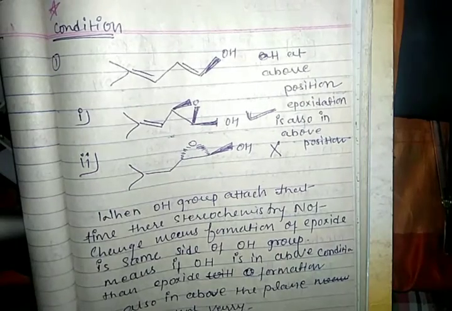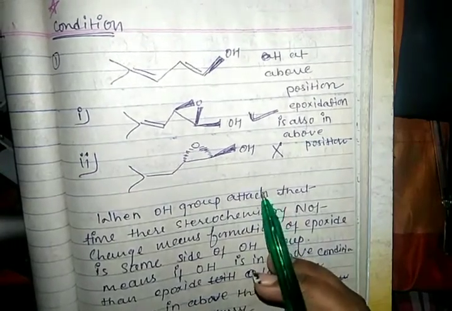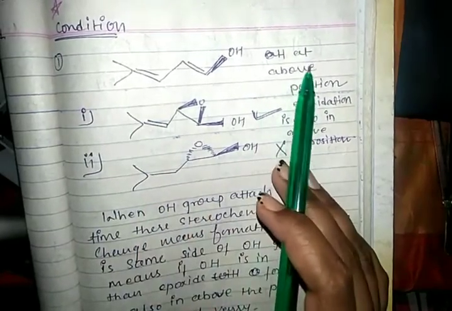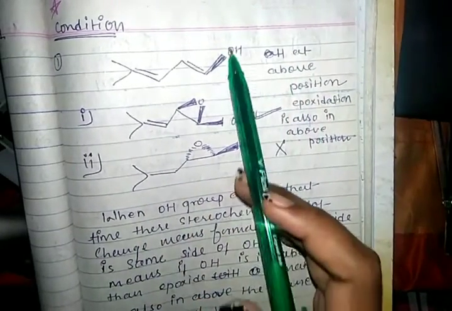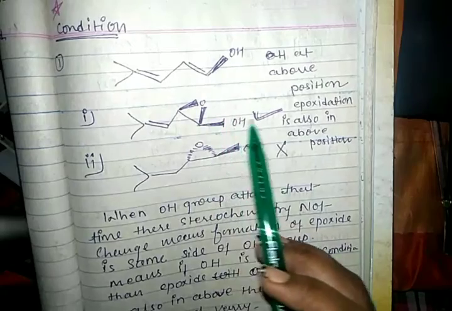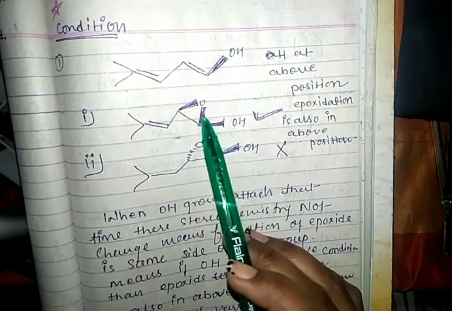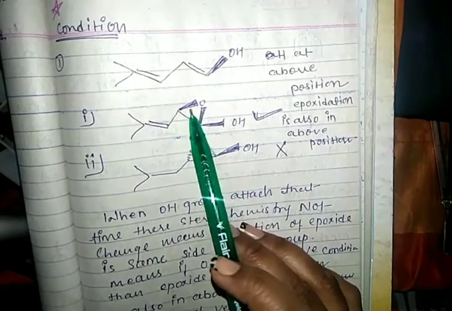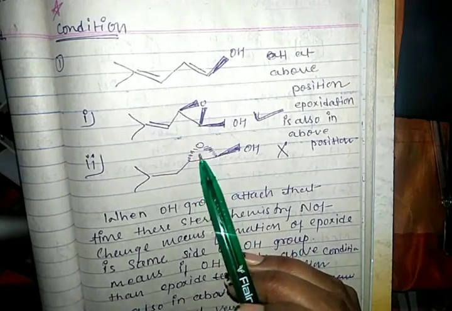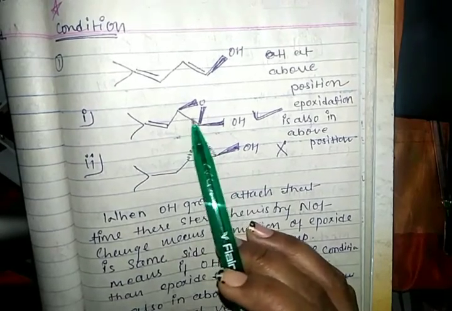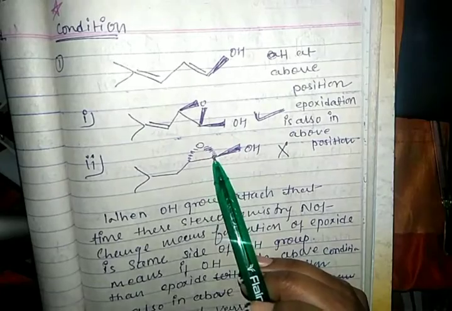There are some conditions given for the formation of epoxide. So when OH is at the above position, two types of product form. First one is wedged condition and second one is dashed condition, but wedged is more stable as compared to dashed.